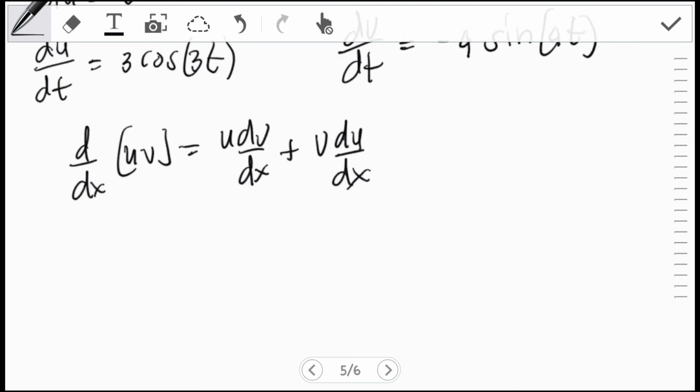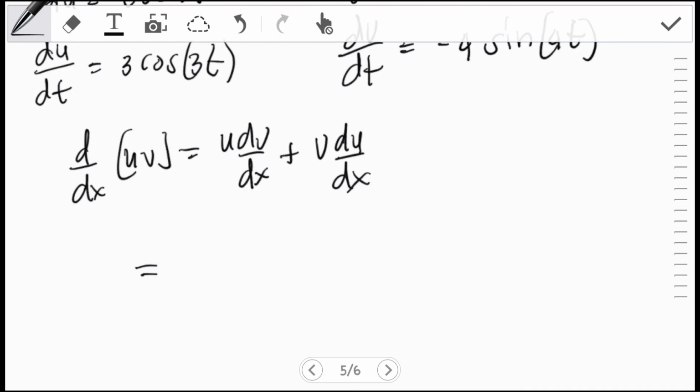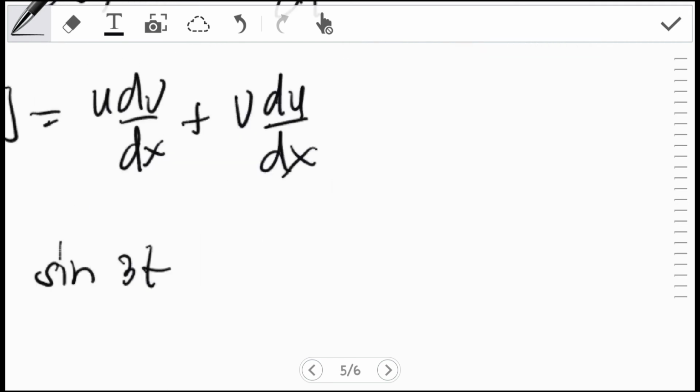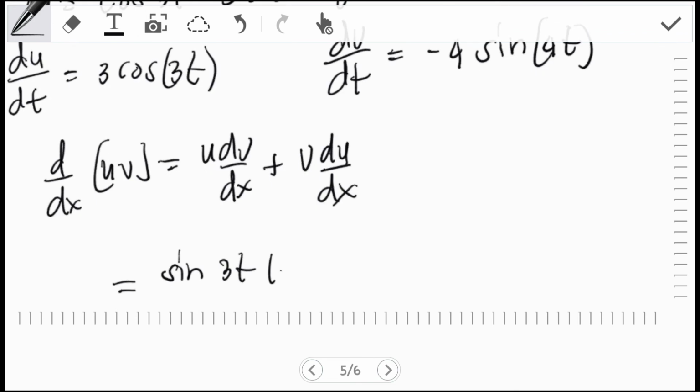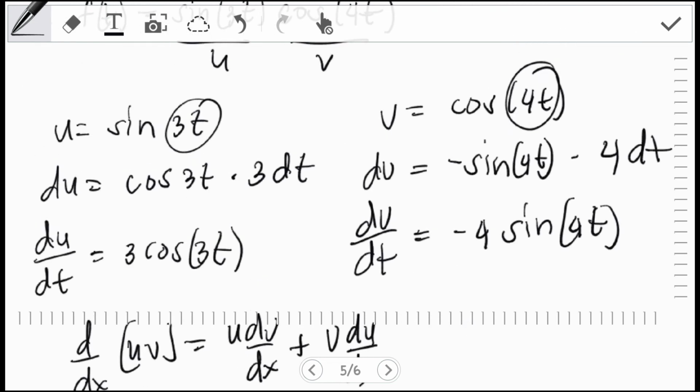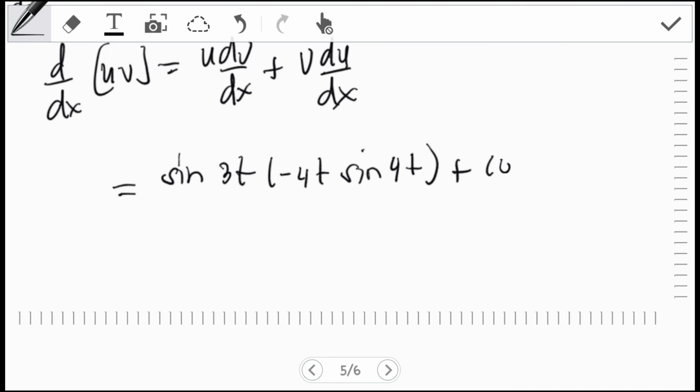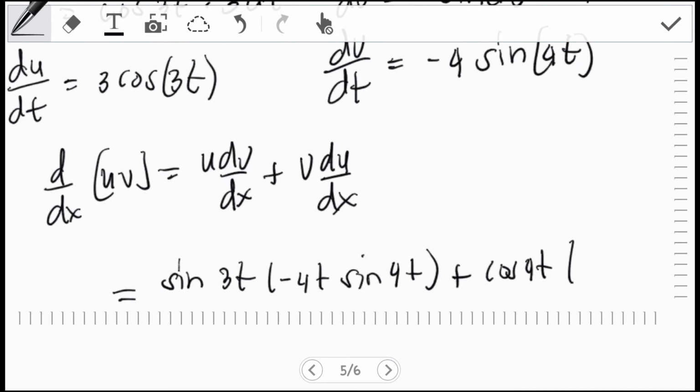So where u is sine 3t, dv over dt is negative 4 sine 4t, plus v, cosine 4t, times du over dt here, which is 3 cosine 3t.